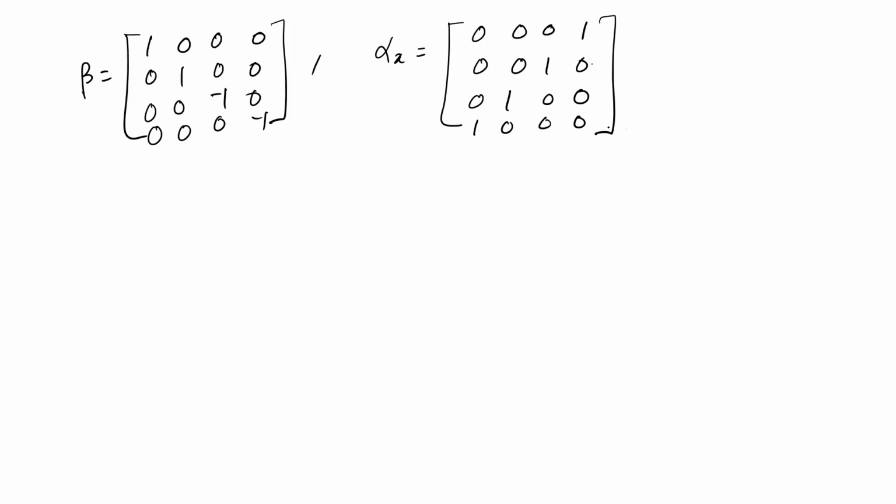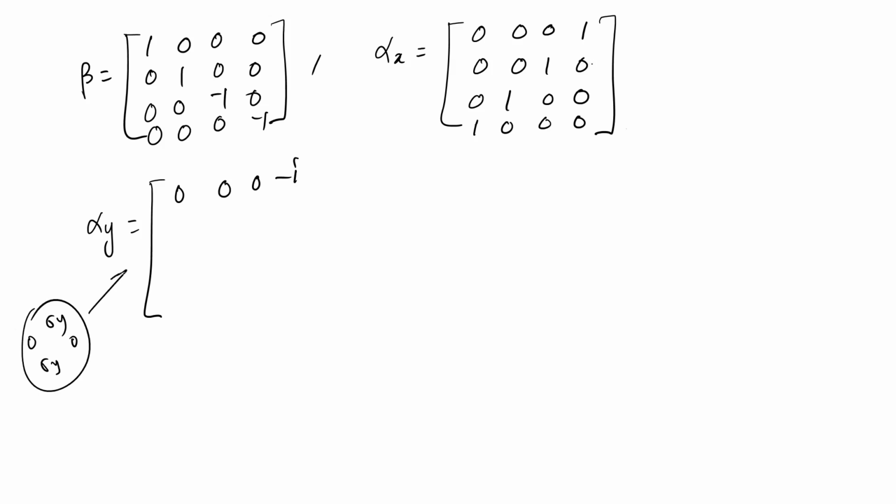You can check all of them to be Hermitian. So, even though alpha y will have i there, it is still Hermitian. So, it has a structure like 0 sigma y, sigma y 0. This structure is reflected here, and the structure 0 sigma x, sigma x 0 is reflected here. So, 0 0 0 minus i, 0 0 i 0, then 0 minus i 0 0, then i 0 0 0.